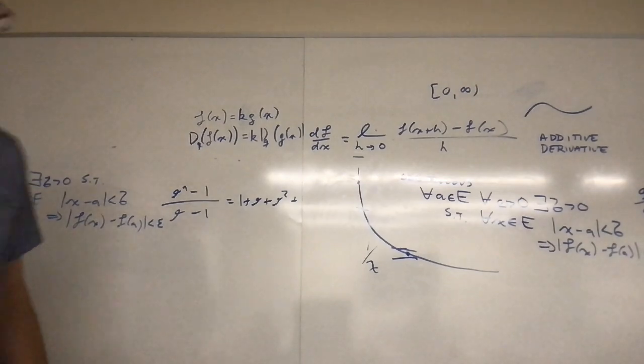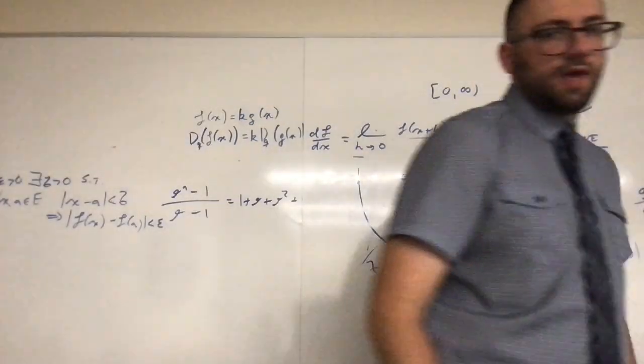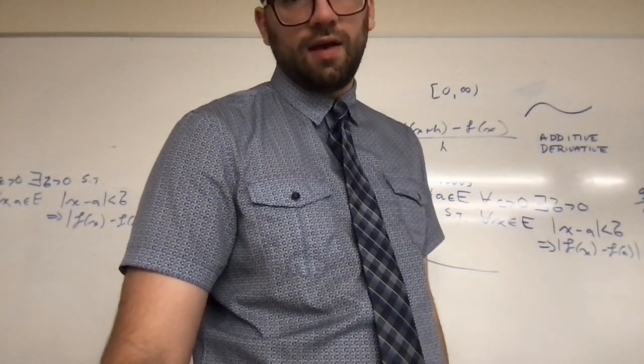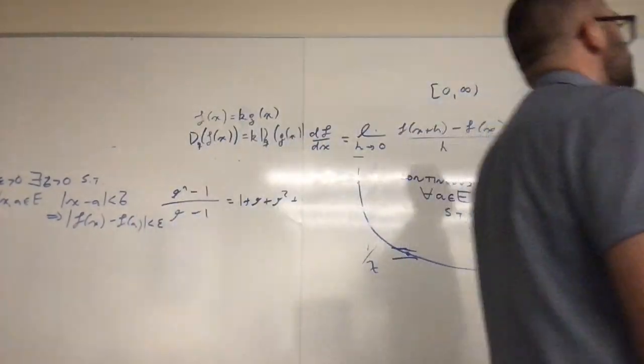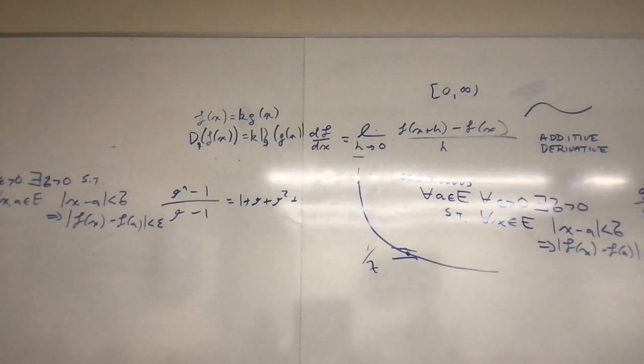So what you need to do for uniform continuity is pick a delta value that will work for any possible point that you're looking at, any possible spot along this curve. The a value determines where along the curve you're looking.